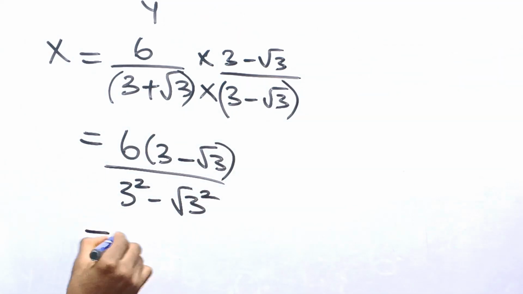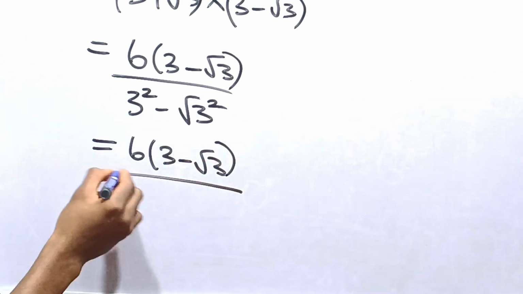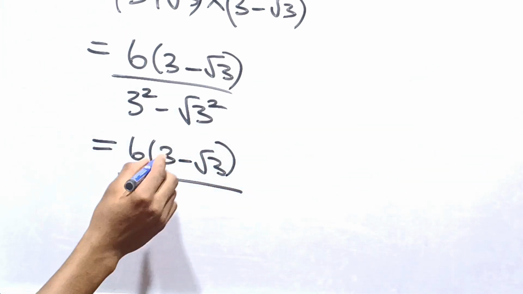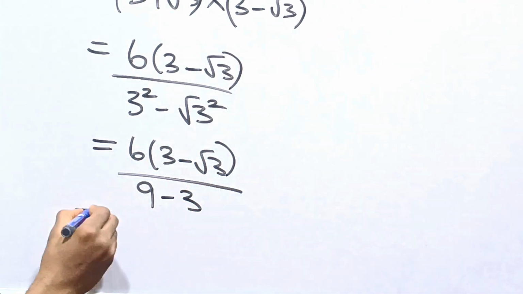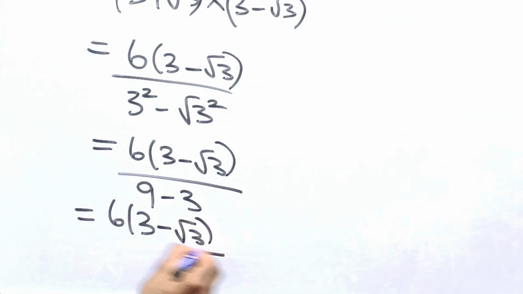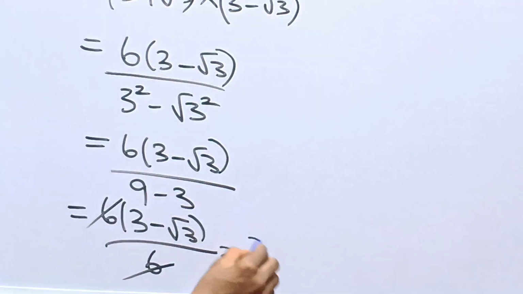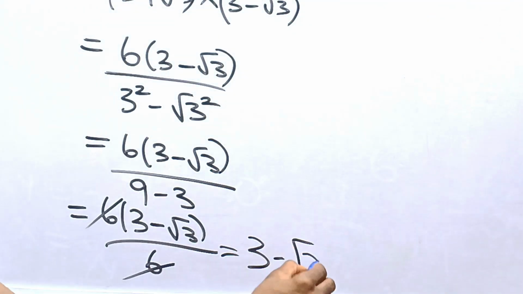This becomes 6 into 3 minus root 3, divided by 3 squared, which is 9, minus root 3 squared, which is 3. So this becomes 6 into 3 minus root 3 divided by 6, which gives you 3 minus root 3 as the answer.